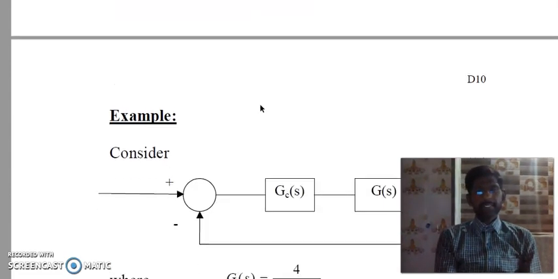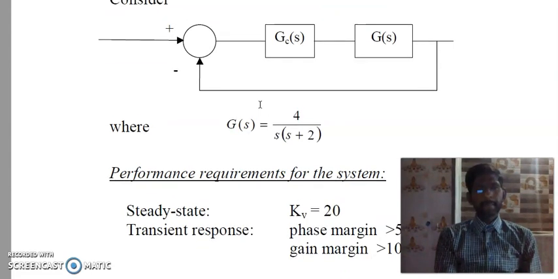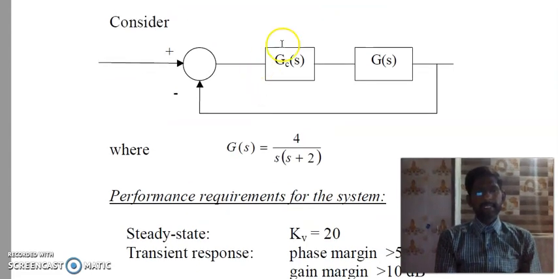Now let me consider an example. Consider this closed loop system with lead compensator Gc of S, where G of S equal to 4 divided by S into (S plus 2).